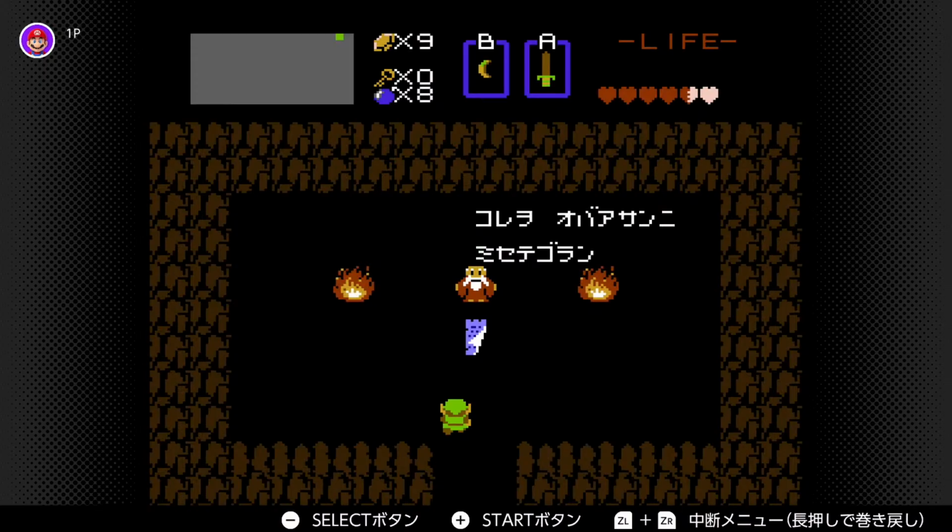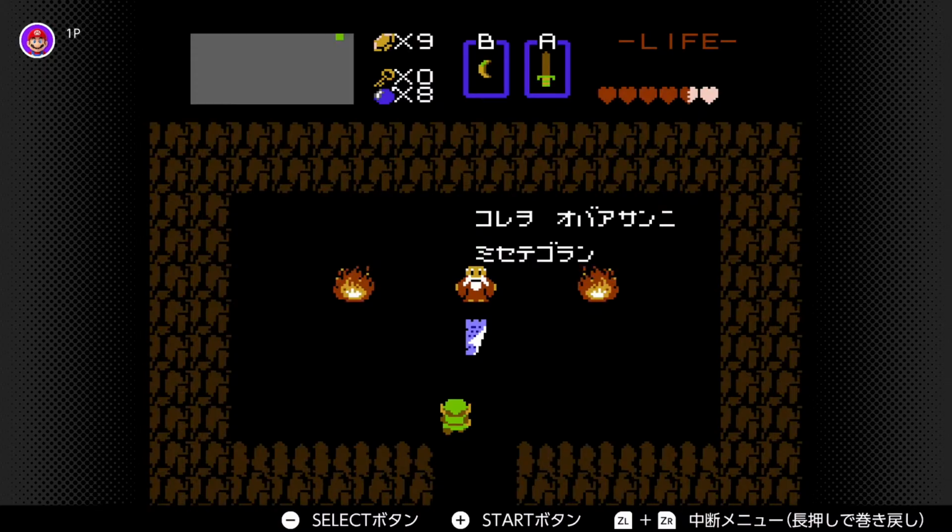Koreo, again, object particle plus kore, this. Oba-san ni. Ni is the particle, in this case, to someone. And this someone is the Oba-san.